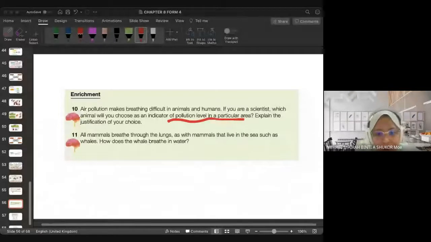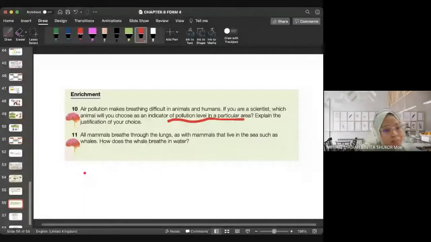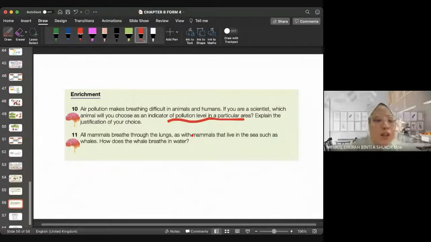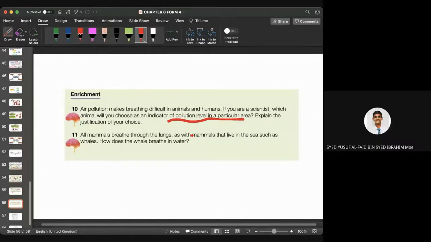Alright, number 10. Sheikh Yusuf Al-Faid bin Sheikh Ibrahim. Yes, Syed, if you are a scientist, which animal would you use? If I am a scientist, I will use a frog because frogs are best suited for this, because the frog's main respiratory organ is the surface skin, although they also have a pair of lungs. The air that is absorbed through the skin cannot be filtered.